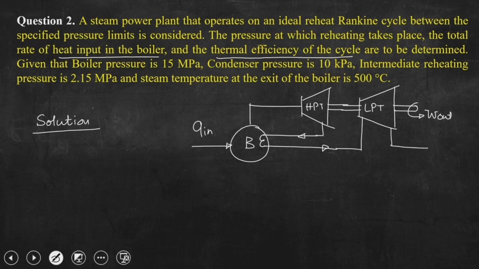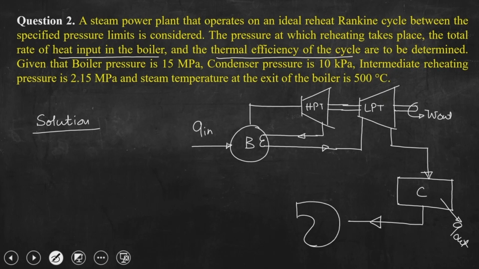And finally, from the low pressure turbine steam is taken to the condenser, wherein heat is rejected to the medium which is circulated, and then the collected condensate is pumped back to the boiler.